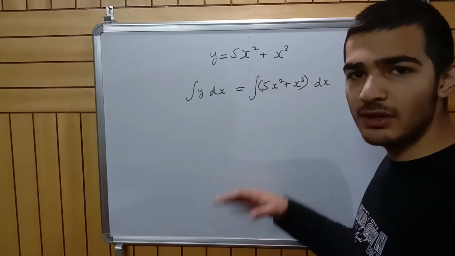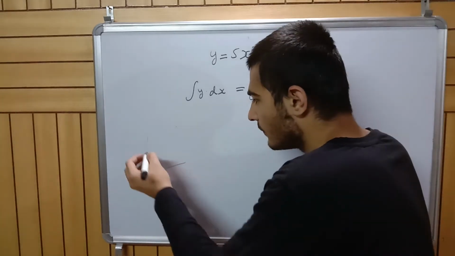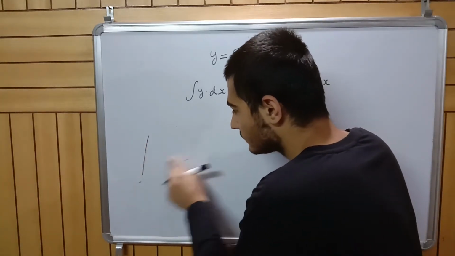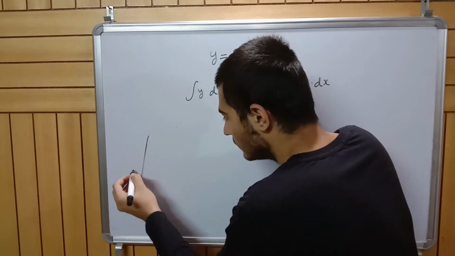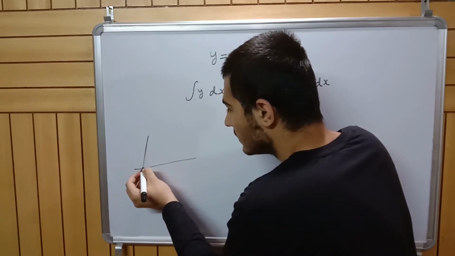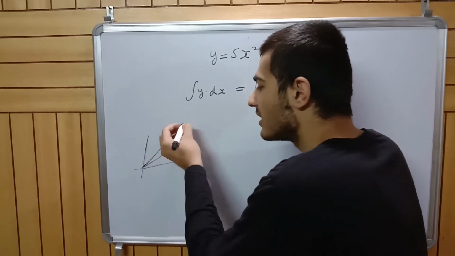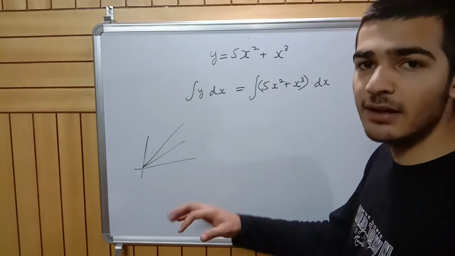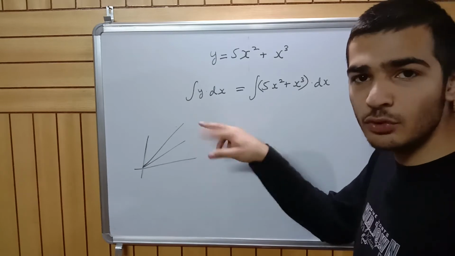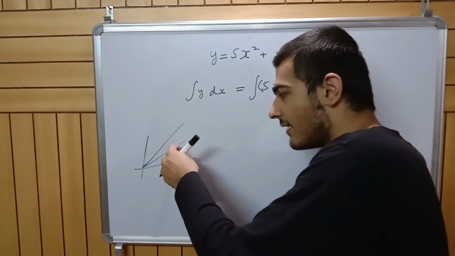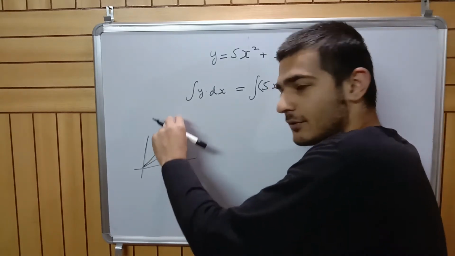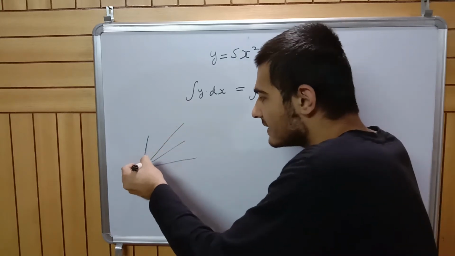So whenever you add two functions, for example, let's say the first function is a straight line, and let's say the second function is also a straight line, okay. When I'm finding the sum of both of them, at every point I'm adding the heights after all, right? So what I end up getting is this.